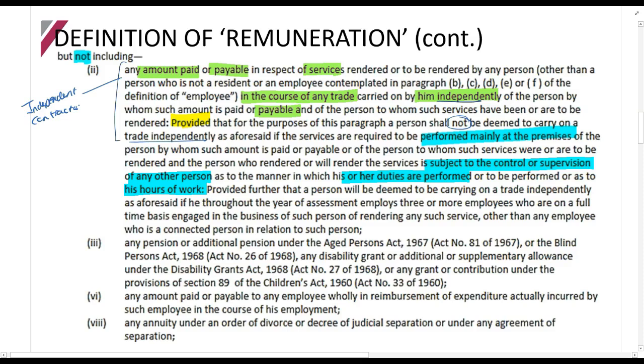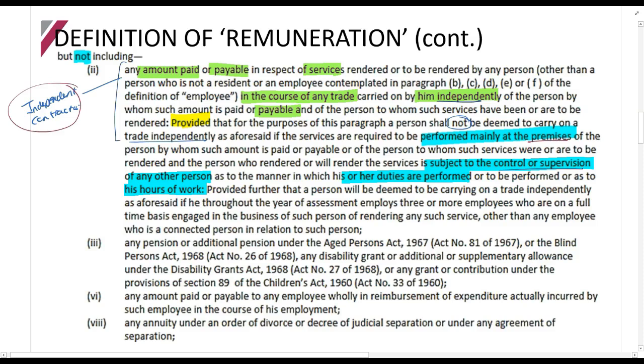Okay, so what they're trying to say there is if the person has to come and work mainly at your premises and you control or supervise them and you tell them how many hours they should work, then it might not be an independent contractor. Then it's an employee and then it is remuneration.